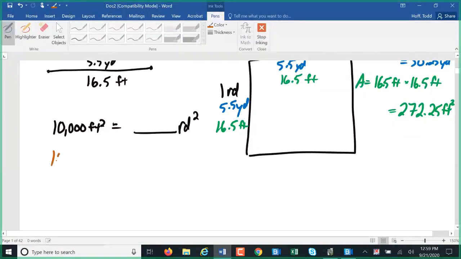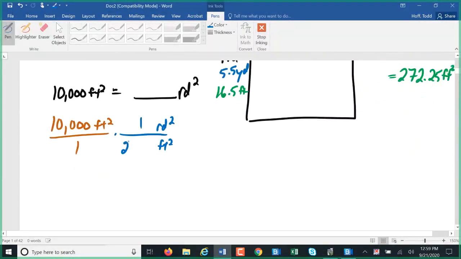So anyway, take my 10,000 feet squared, put it over 1. Square feet will go on bottom, square rods on top. 1 square rod is 272.25 square feet. So my square feet cancel out. I have 10,000 square rods on top. 10,000 times 1 square rod is 10,000 square rods. Over on bottom, 1 times 272.25 is just 272.25.